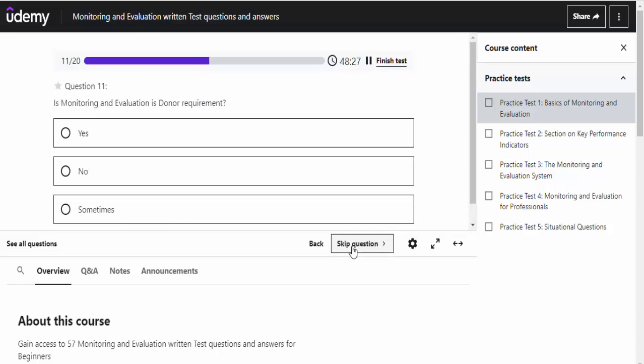Is monitoring and evaluation a donor requirement? This is a tricky question. I wouldn't be surprised if I get this wrong, although I'm the one who set the paper. But the truth of the matter is sometimes it is a donor requirement. The reason I say so is because donors are putting a lot of pressure on the implementing organizations to have these M&E systems.